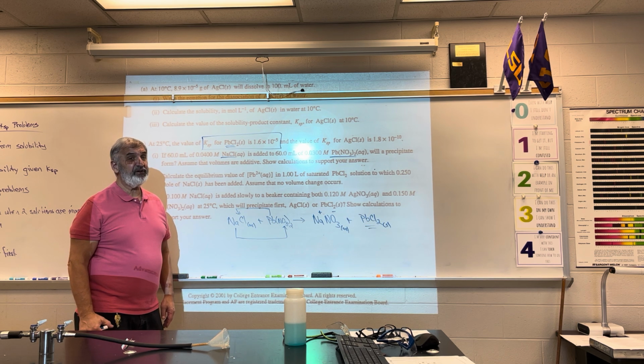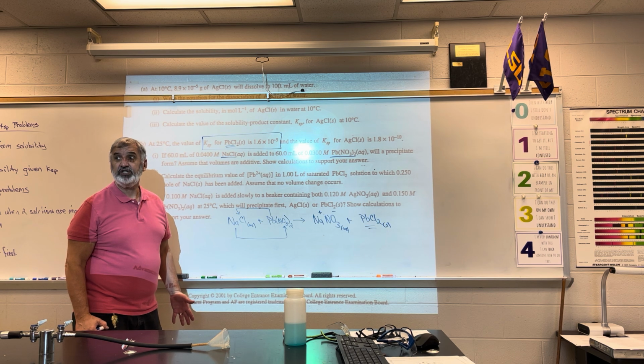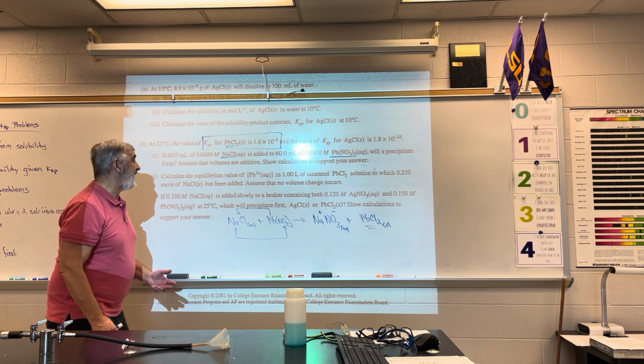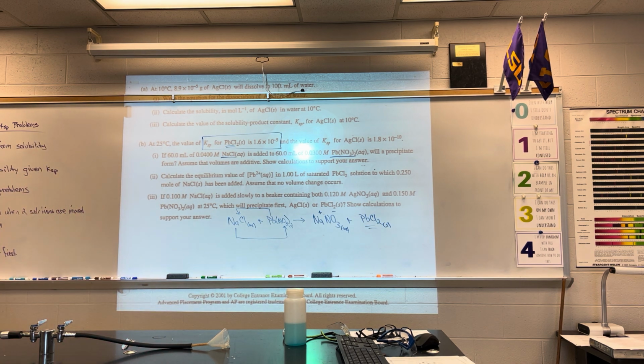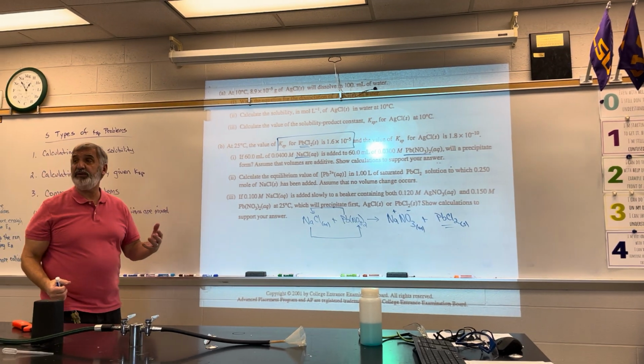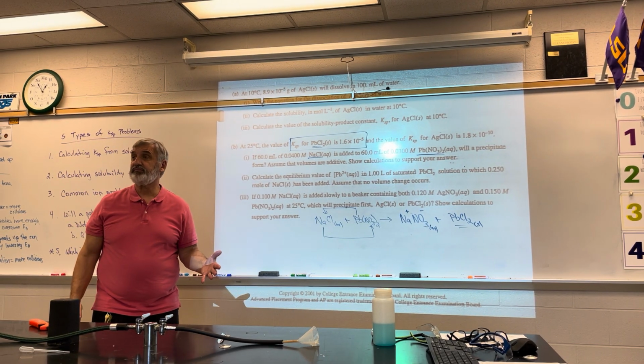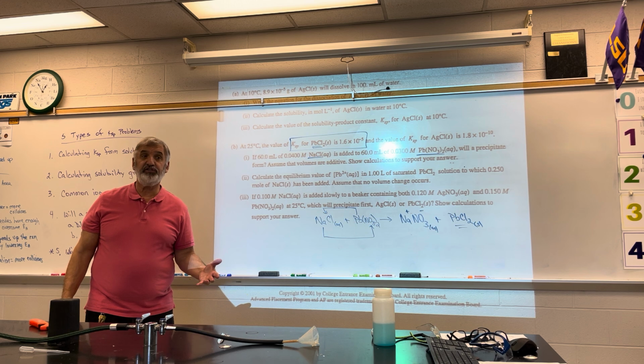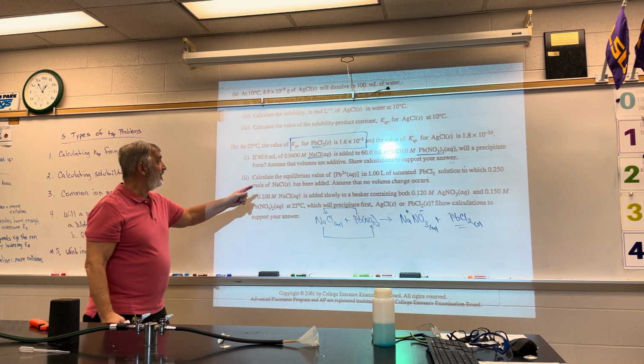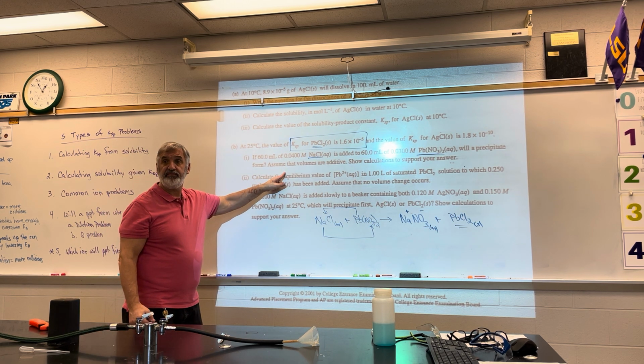What do we solve if it's not in equilibrium? What do we call that product? Q. So we're going to have to calculate Q and compare Q to the given KSP. If Q is greater than KSP, what's that going to tell us? Will a precipitate form or not?